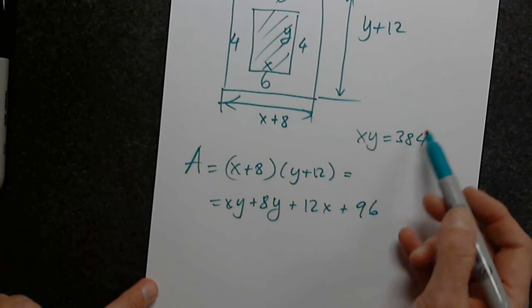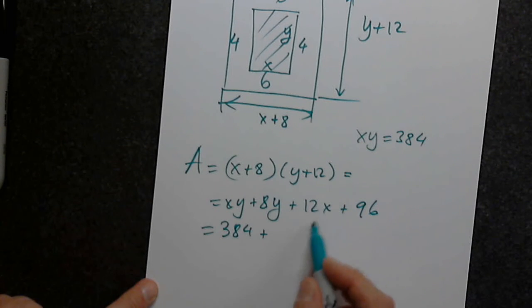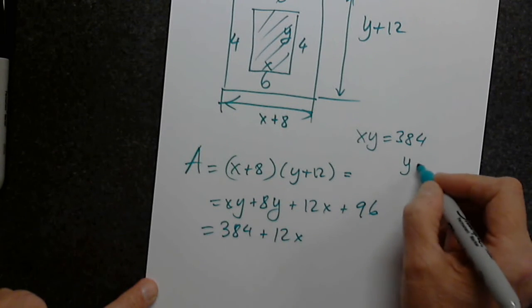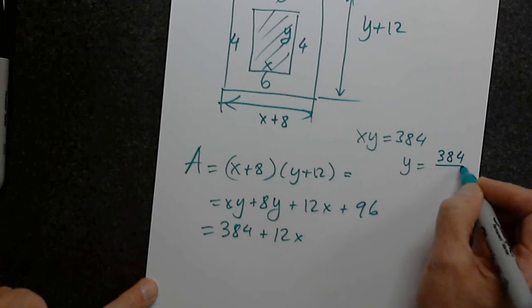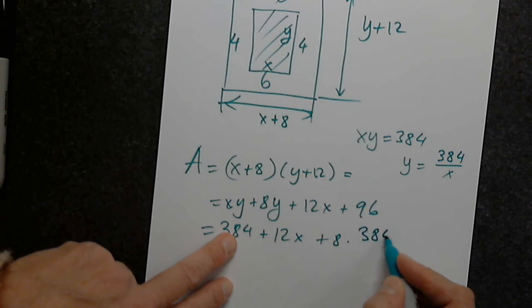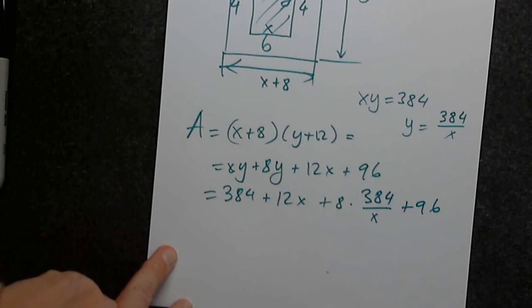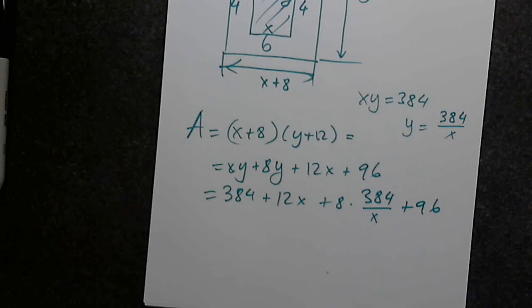And we do have xy, so this is 384 plus, let's say 12x, and I'm solving this for y, so 384 divided by x. So plus 8 times 384 divided by x and plus 96. So this is the function that we need to use. And I'm going to clean it up a little bit.